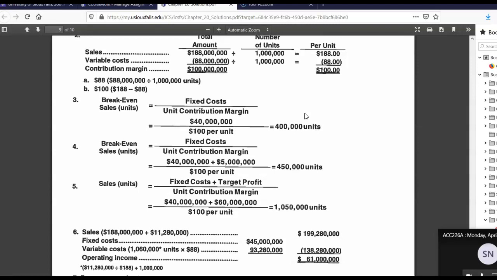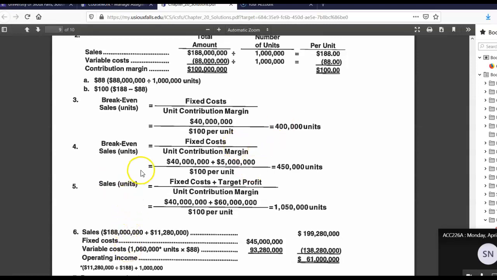Number 4, it says compute the break-even sales and units under the proposed program for the following year. All right, so in number 4, what we're doing here is, it says in that reading, the expansion will increase fixed costs by 5 million.